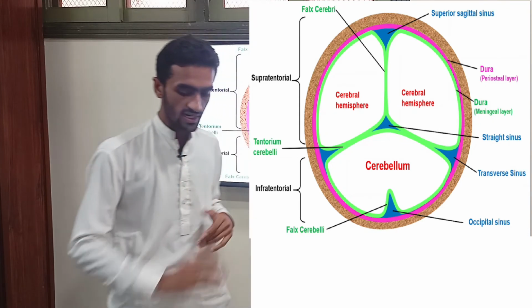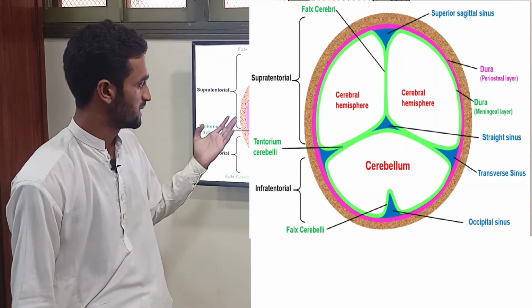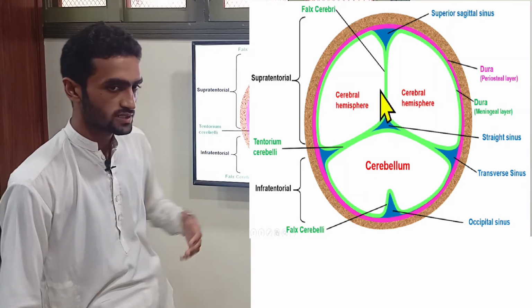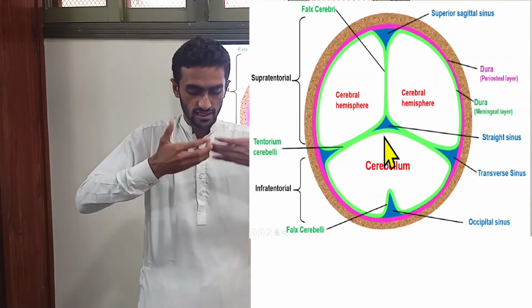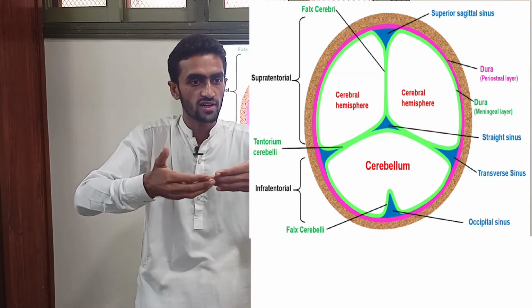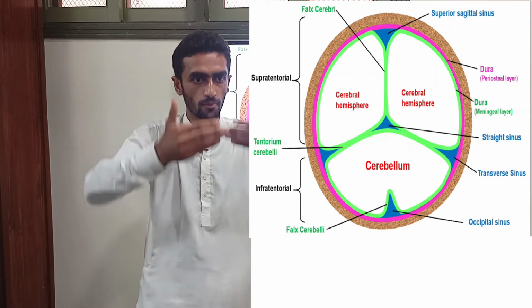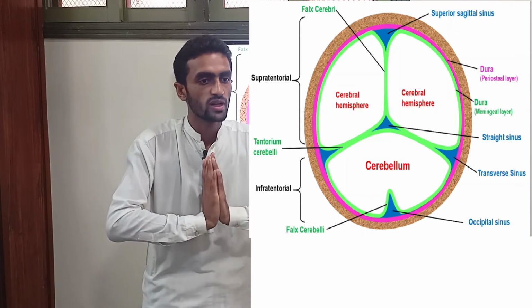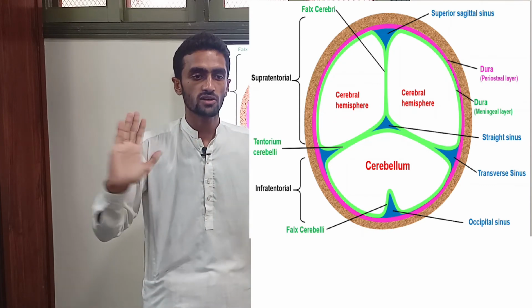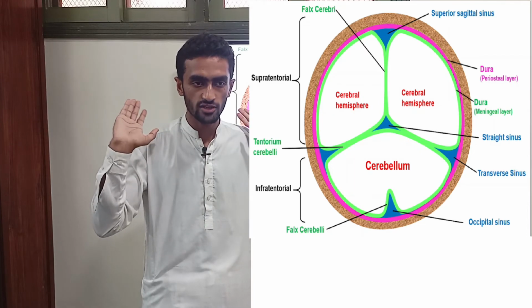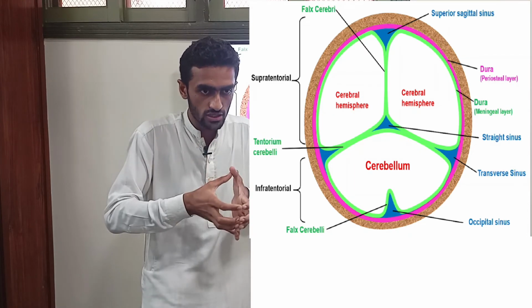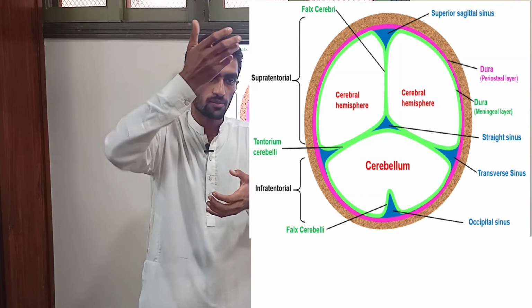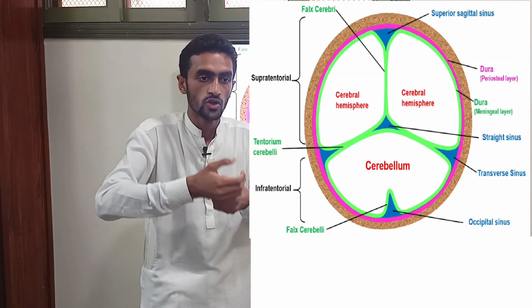And you will find another important thing, which may be present in the picture, maybe not. You know the cerebellum is below the tentorium, and in front there are the midbrain, pons, and medulla oblongata going through. We cannot completely close the tentorium, so we need a notch or opening through which the midbrain, pons, and medulla oblongata can cross.